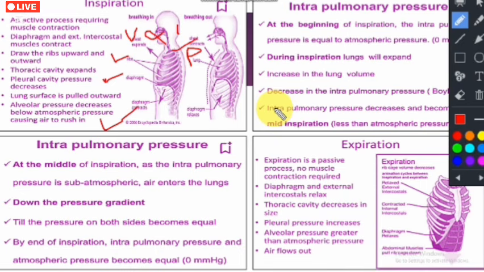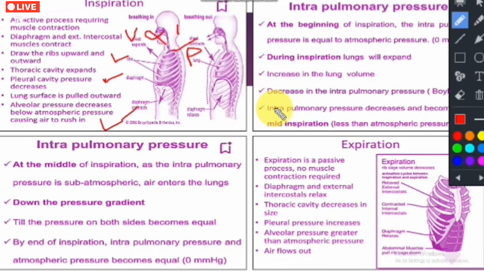Increases. The lung volumes are expanding. And then the lung pressures are doing what? Decreasing. It is by this physiological mechanism that human beings are able to take in air from the atmosphere into the lungs.